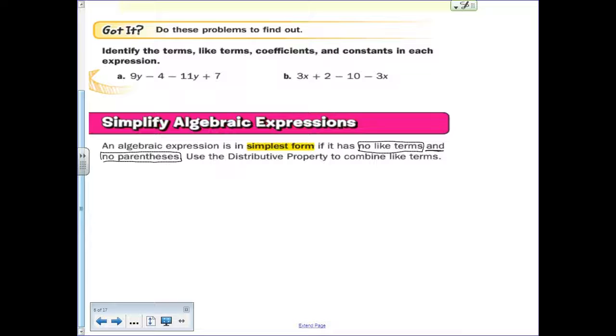But yesterday, when we were doing the distributive property, we were actually simplifying those expressions by getting rid of the parentheses. We were distributing what was outside to what was inside to get rid of the parentheses. And that's why it says here, use the distributive property to combine like terms, because you can get rid of parentheses that way.